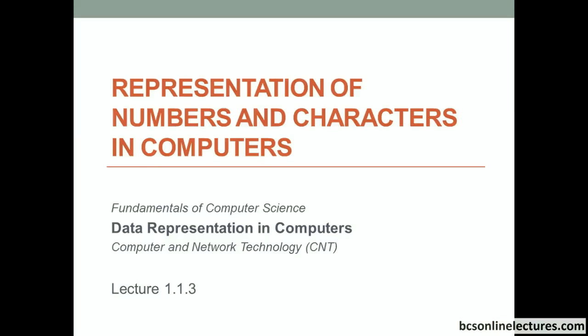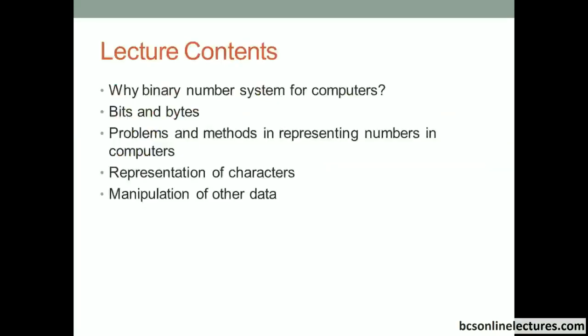This is the first section in fundamentals of computer science in the computer and network technology subject. In this lecture, we are going to talk about why binary number system is the most suitable number system for computers.